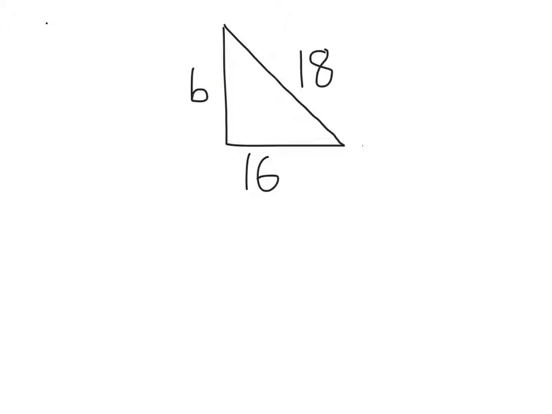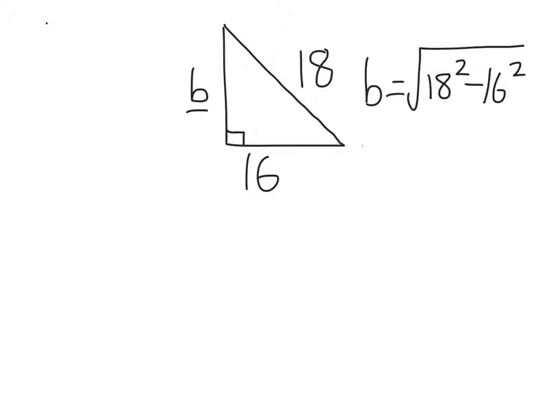Okay, so let's say we have another right-angled triangle here, and I wish to find out what this length is, B. Again, it doesn't matter what letter I call it, the way I find it is the same way. It's the square root of longer side squared minus one of the shorter sides squared. You put that straight on your calculator.